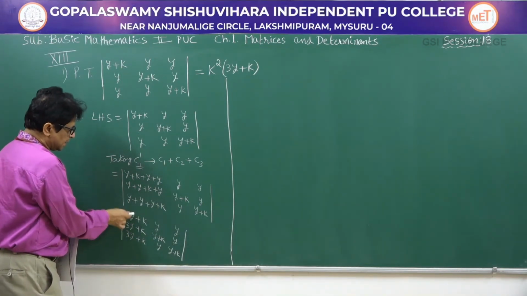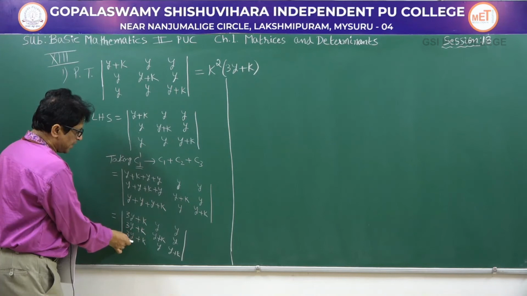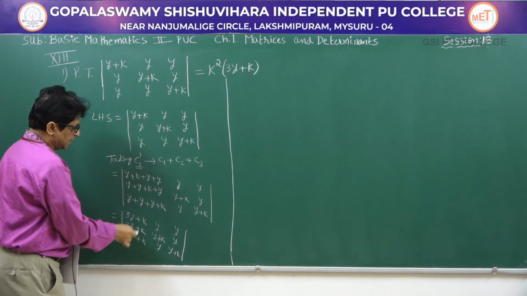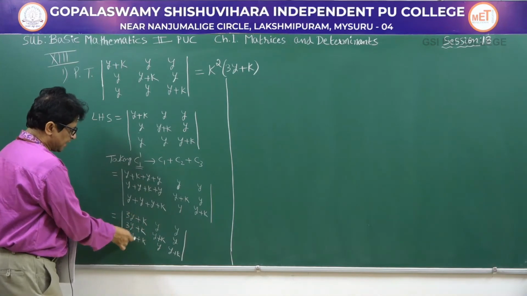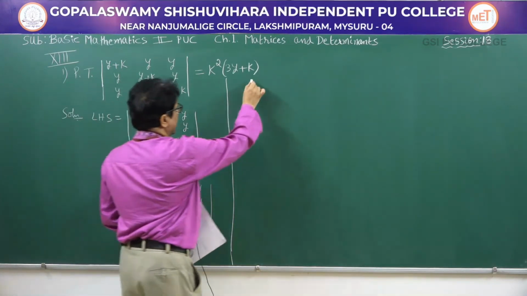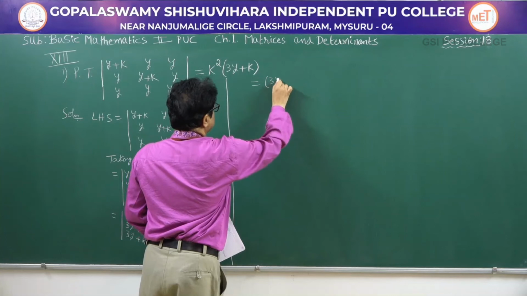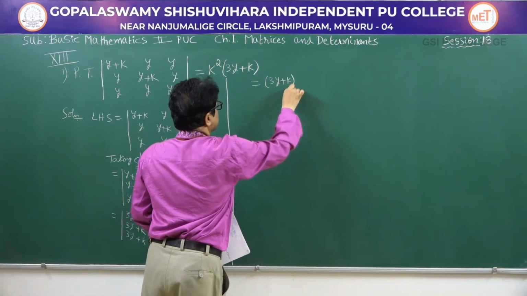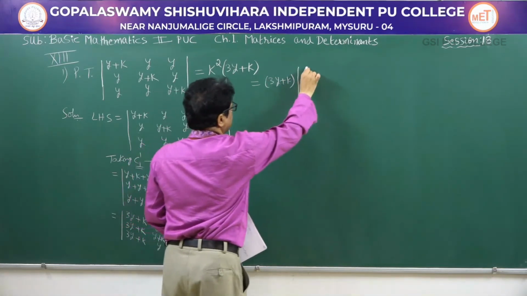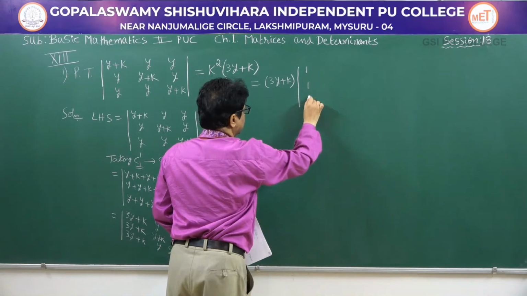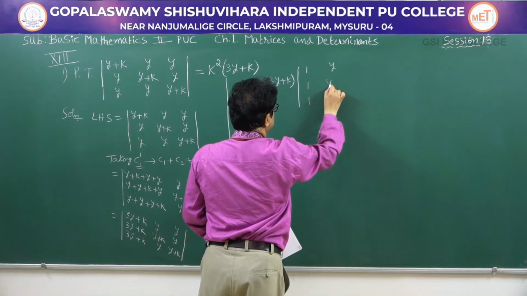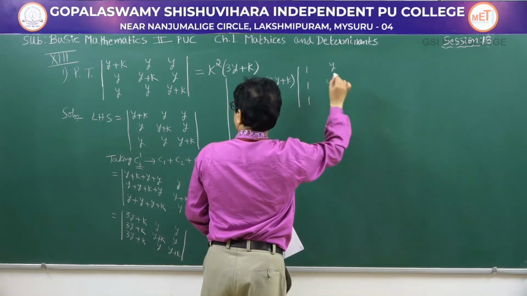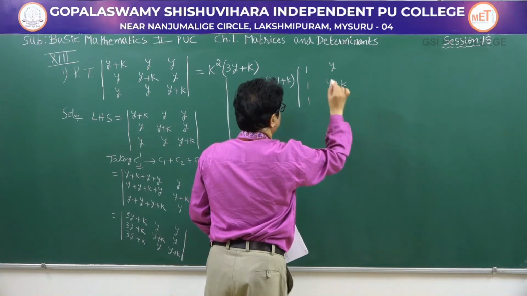If you observe here, in the first column, all the elements are 3y plus k. So we can take 3y plus k common in the first column. So that will be equal to 3y plus k into determinant of 1, 1, 1. And the next column elements we have to write as it is: y plus k, y.